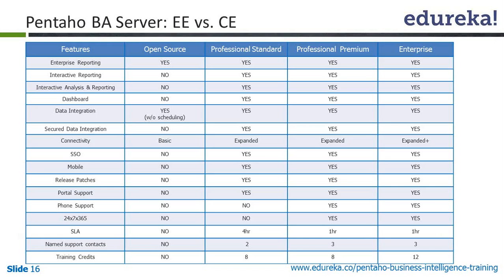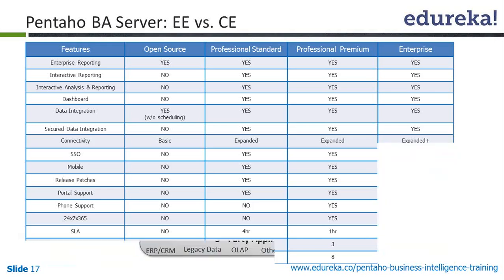But you have the enterprise editions, with different versions like professional, standard, professional, premium, and enterprise, with differences between the features available in each of these versions. It's basically around the support and any kind of help you are looking for.